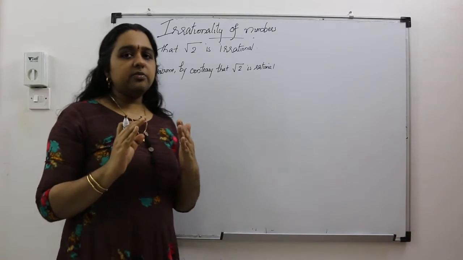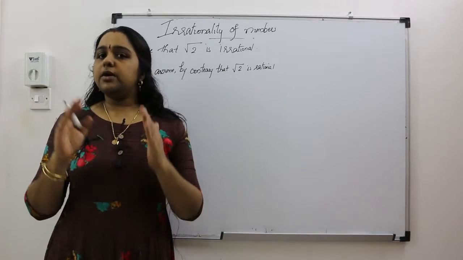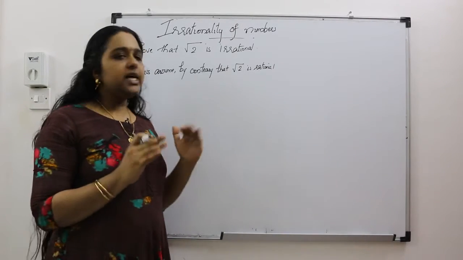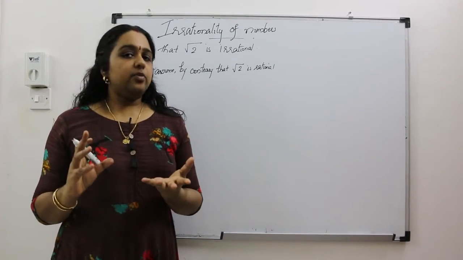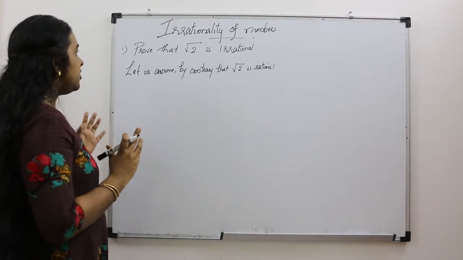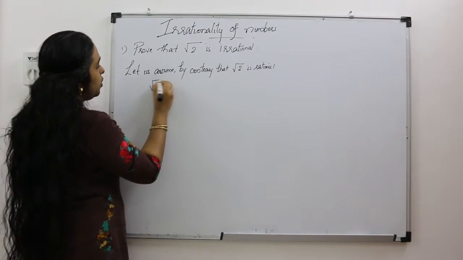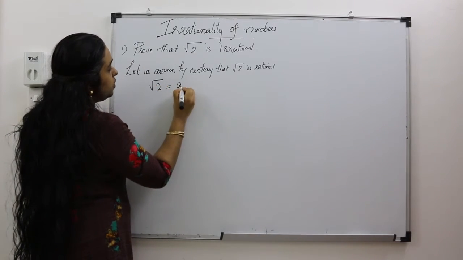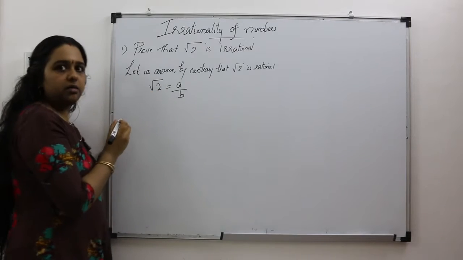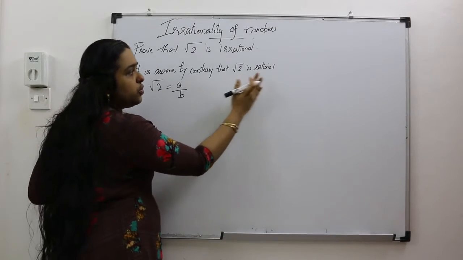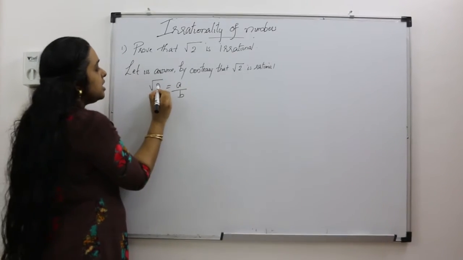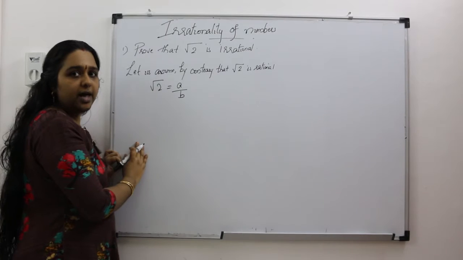What is the form of rational numbers? Rational numbers can be written in the form p by q. Here I am using a and b as the variables, which you will be more familiar with. So root 2 is equal to a by b. We have written that root 2 is rational, so I am denoting root 2 equals a by b.